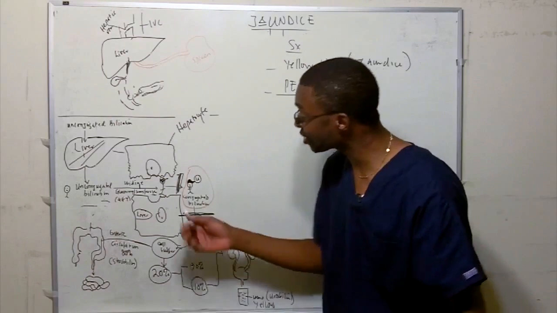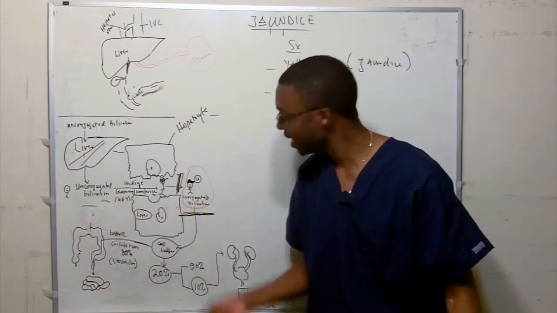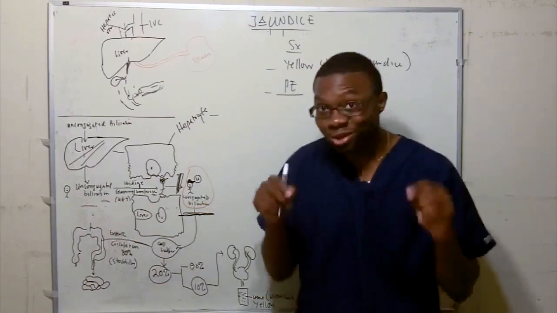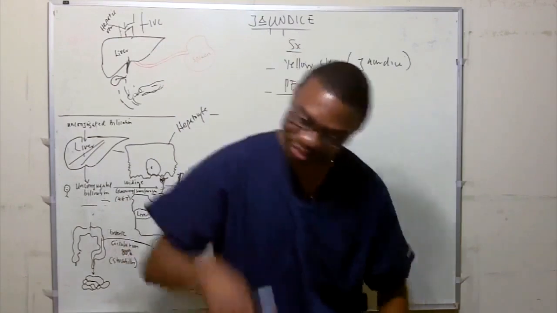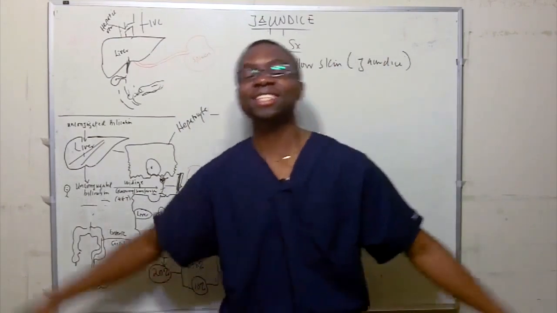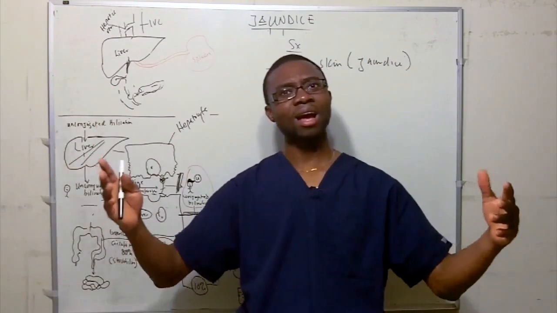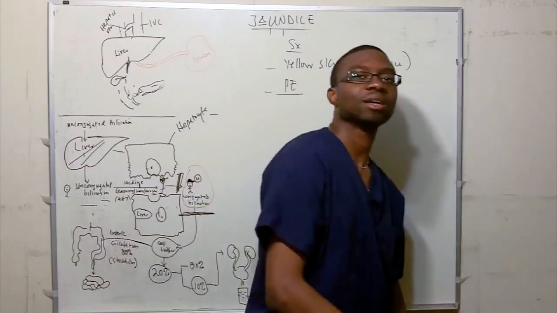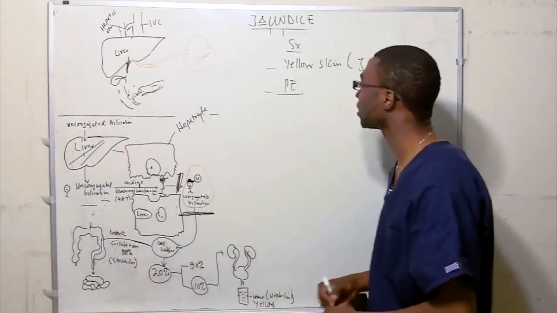The only thing that's water soluble is the conjugated one. So if this bad boy is spilling into the urine and it's water soluble, it's going to go into the kidneys, filter down the drain, and the pee is going to be dark, and you're going to be like, voila, without even ordering labs. That makes you a genius. But you don't know what causes it, because we know there are so many things that can cause it.